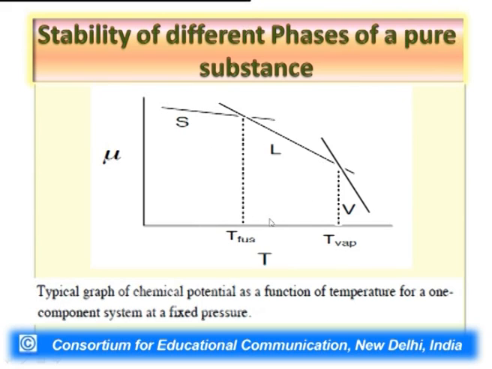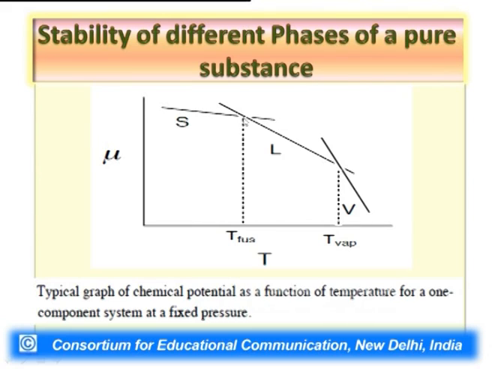Now, we can look at the stability of different phases of a pure substance. From the graph many things are very clear to us. This is the chemical potential versus temperature curve for solid, liquid as well as vapor. We should understand this at a specified, definite pressure. From this graph it is clear that there is a unique temperature at which the chemical potential versus temperature curves of solid phase and liquid phase intersect. What does it mean?